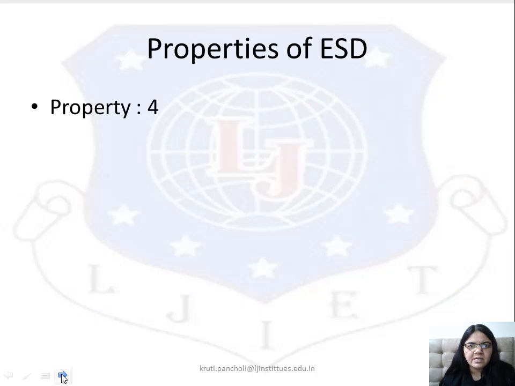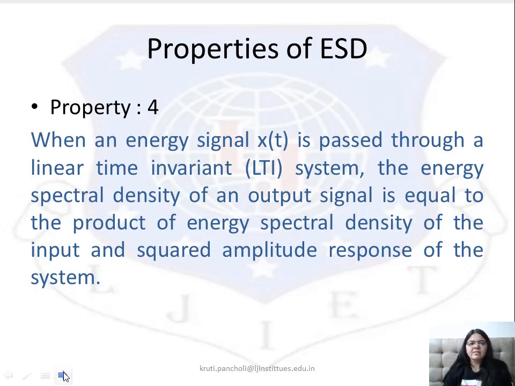Now the next property, property number 4: when the energy signal x(t) is passed through a linear time invariant system having some impulse response, the output energy spectral density is the product of the energy spectral density of the input and the squared amplitude response of the system.